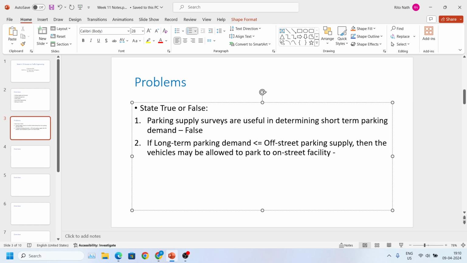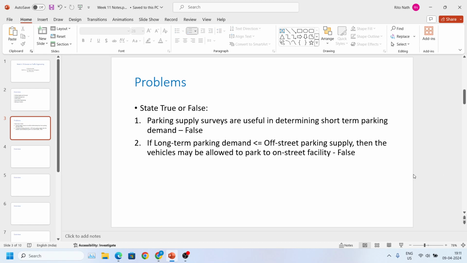Then vehicles won't be allowed to park on the on-street facility, because the off-street facility will be prioritized and should cater to all those demands. So that's why this will also be false. These two were pretty straightforward.